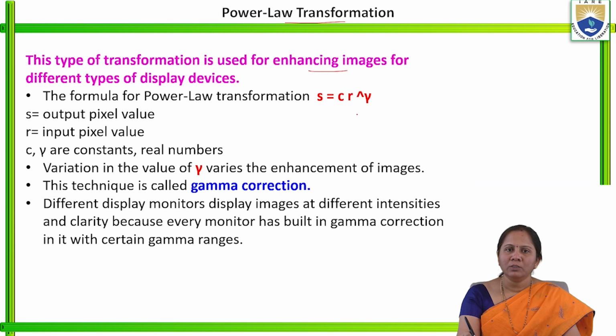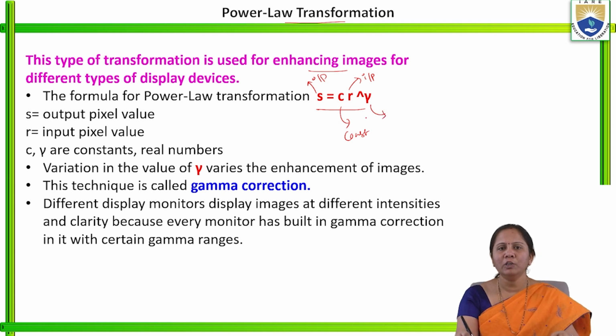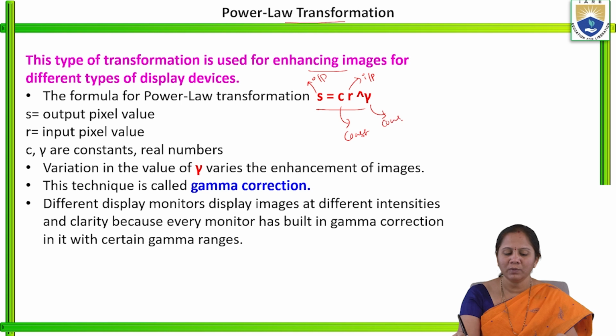The formula to represent this power law transformation is S equals C into R power gamma. Here R represents the input pixel value and S represents the output pixel value. In this case, C is a constant, and gamma is also a constant, but the values of C and gamma should be real numbers.